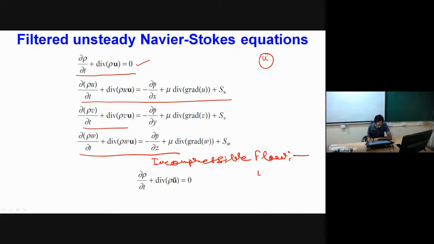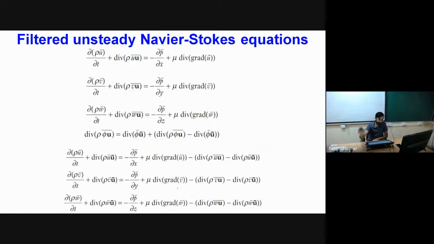Once again, let me repeat: this u bar is not our time averaged or ensemble averaged quantity. Rather, u bar indicates the effect of the mean flow plus large eddies. Small eddies we have neglected here. This is the continuity equation we get once we apply this filtering process.